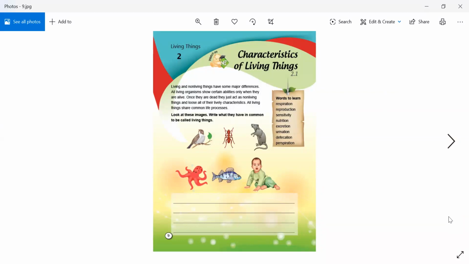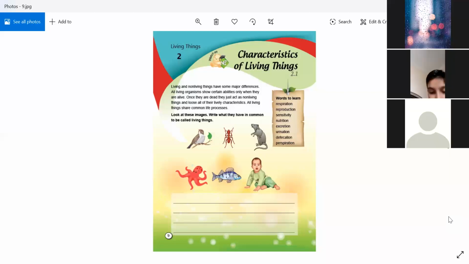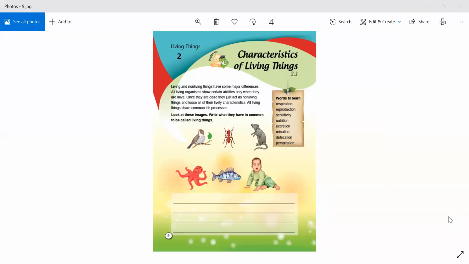They have some abilities which represent that they are alive, like they have eyes, they can see, they breathe, they eat something, they need food to eat. So these are the characteristics that we know, but in today's class we'll learn some more characteristics as well. So moving on to page number 10.